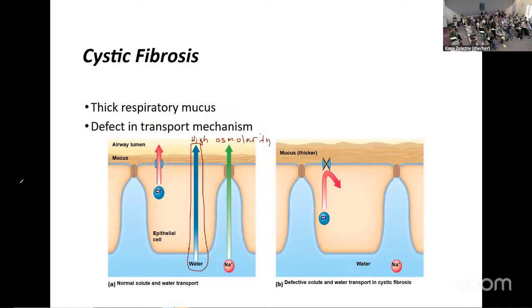But in the case of cystic fibrosis, we've got a problem. If you've ever met a person or a patient with cystic fibrosis, one of the noticeable things they have a problem with is breathing. Part of this is that they have a really thick buildup of mucus on the apical membrane of their lung cells.